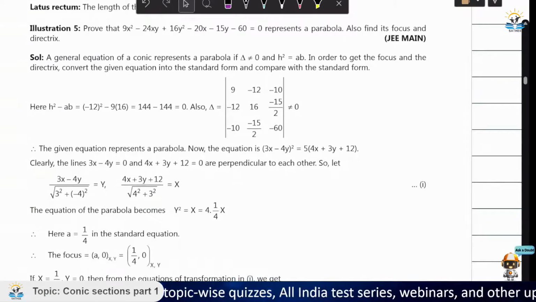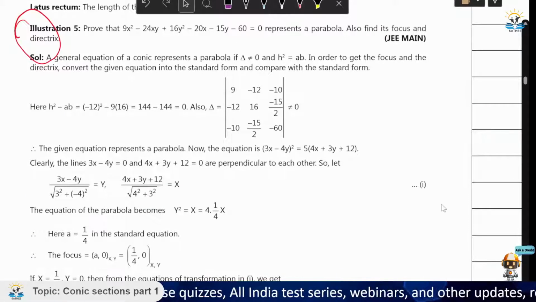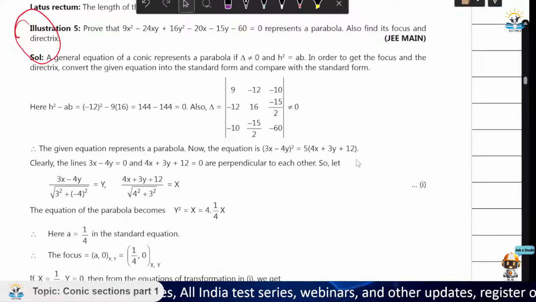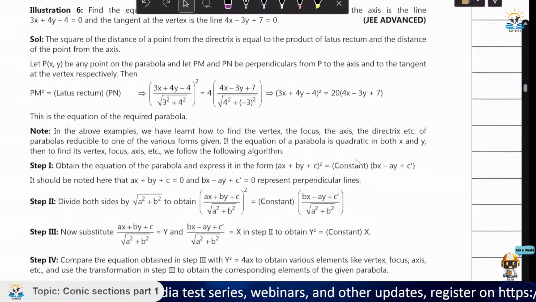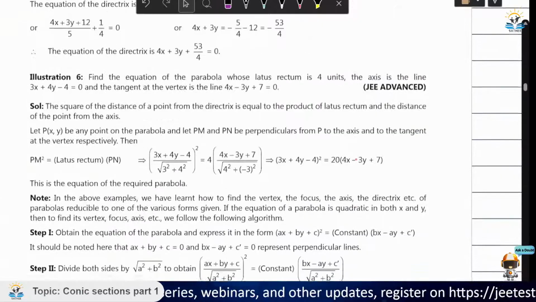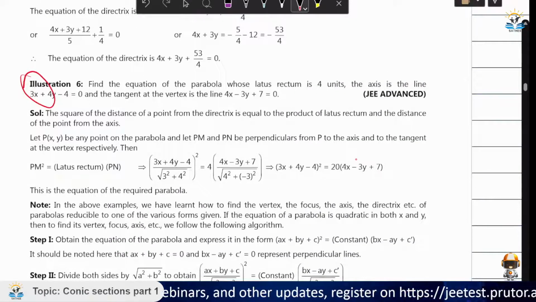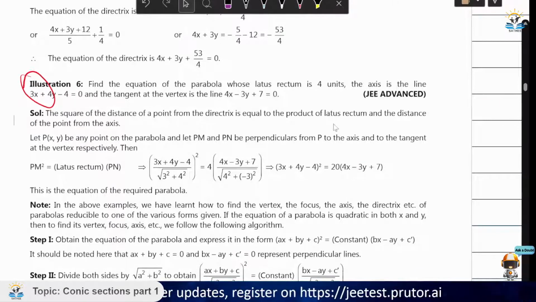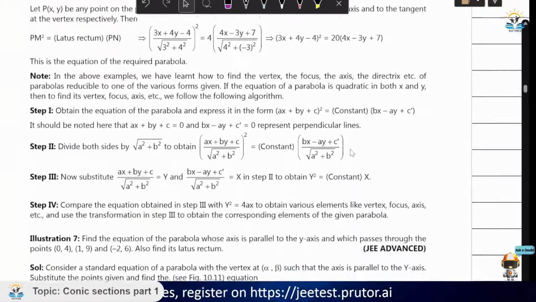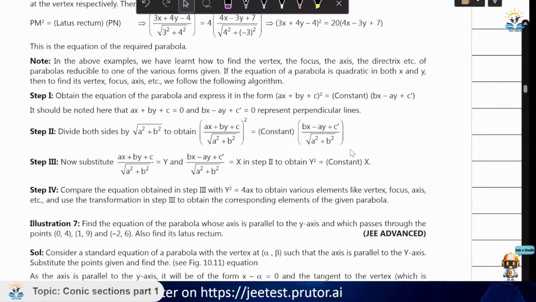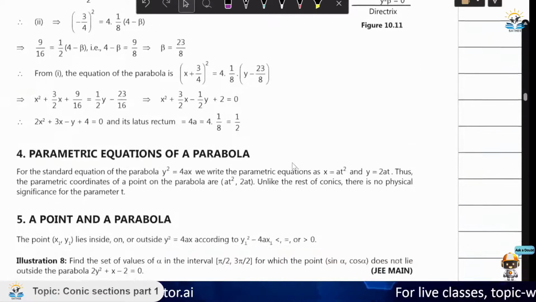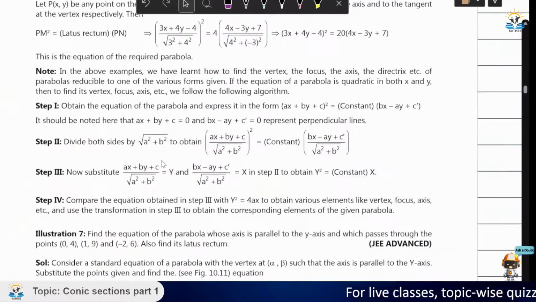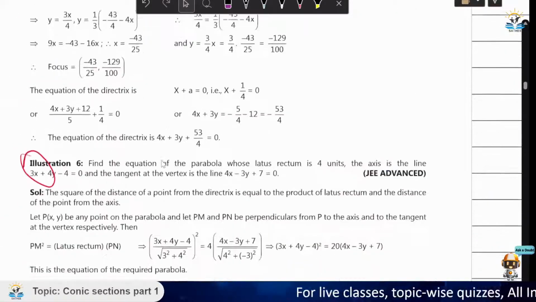There is another question. We'll get back to this question later on because this has matrices application. I really want to just go through the theory once and then see the illustration part. Okay, so this is another theory part of it. We'll get back to illustration numbers 4, 5, and 6 later on.